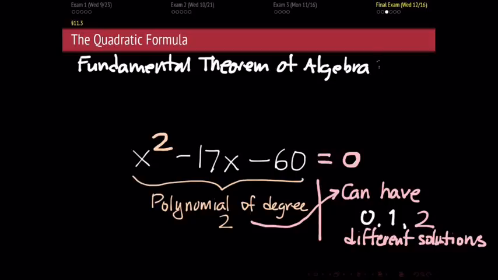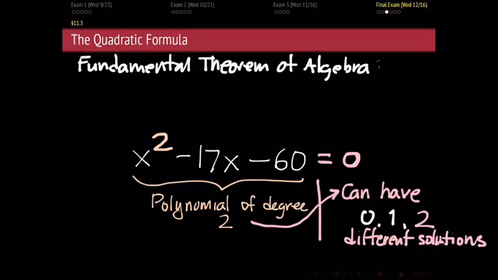So that's the prediction. The fundamental theorem of algebra is going to tell us that the number of different solutions a polynomial equation can have is limited by its degree. So if we're solving a polynomial equation that has degree 2, we cannot get any more than two different solutions, but we could get up to two different solutions.